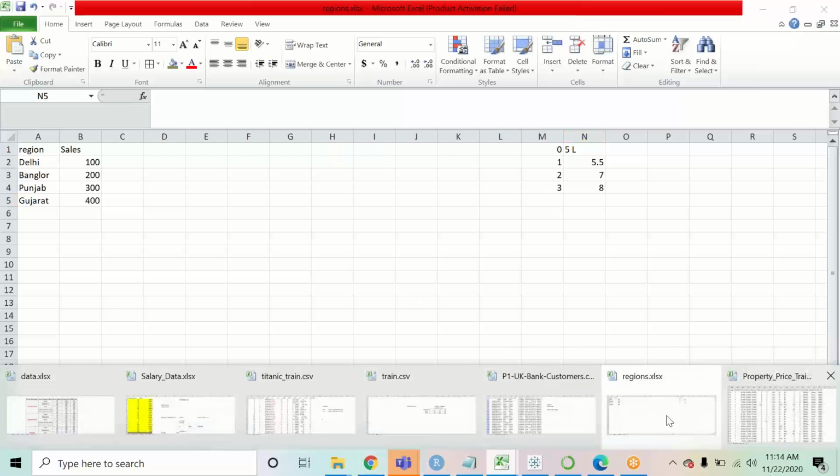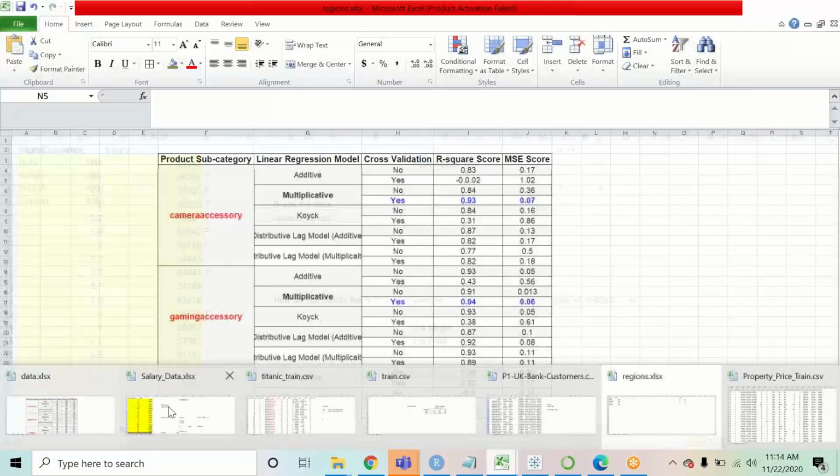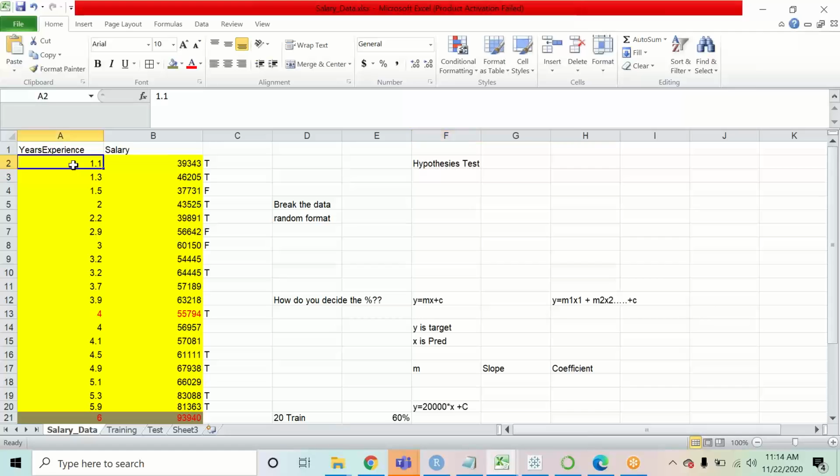Now this was the same data that I had, experience and salary. We can see over here, experience is increasing, salary is increasing. Now if you have to make a chart on this, the same chart that I showed you on the bar and the temperature, here you will have experience and here you will have salary.